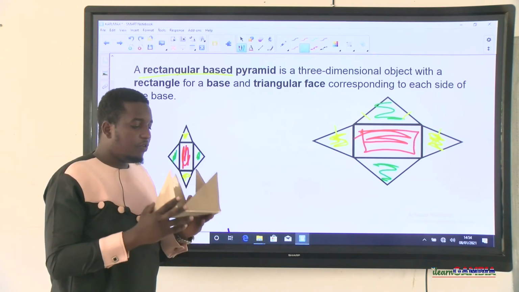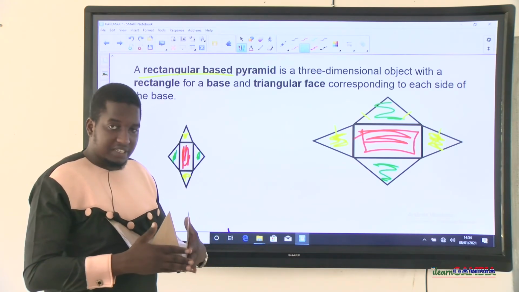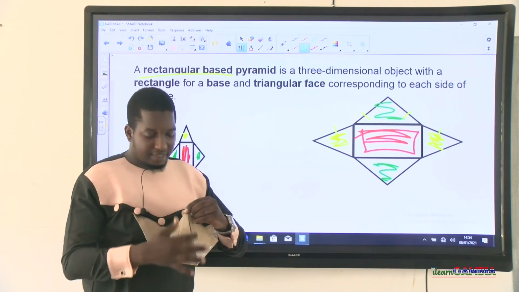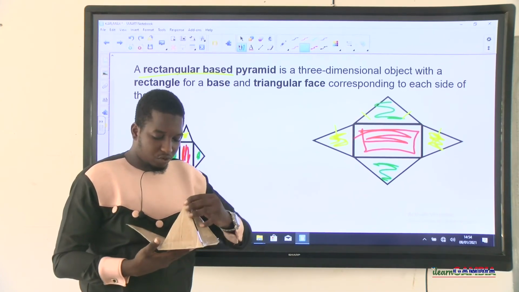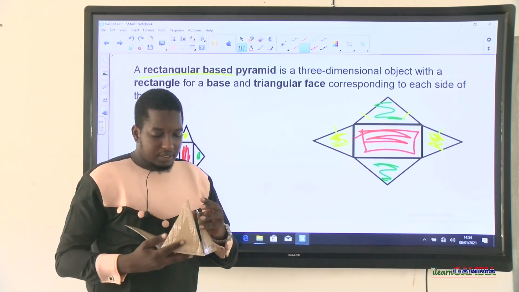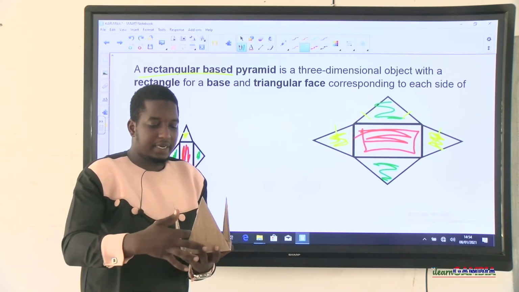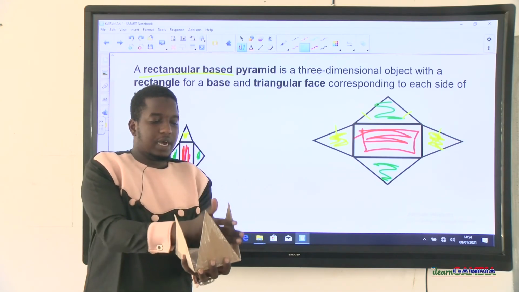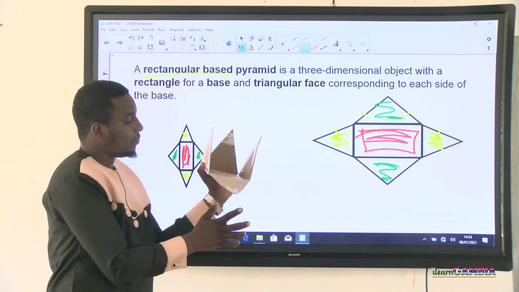After having that, we measure the triangles in such a way that aside from their bases, the sides are of the same length. Aside from the bases that are attached to the rectangle, the sides are equal. What I mean here is this side will be equal to this side, which is also equal to this other side, and equal to this side with this side, and also this side and this other side.